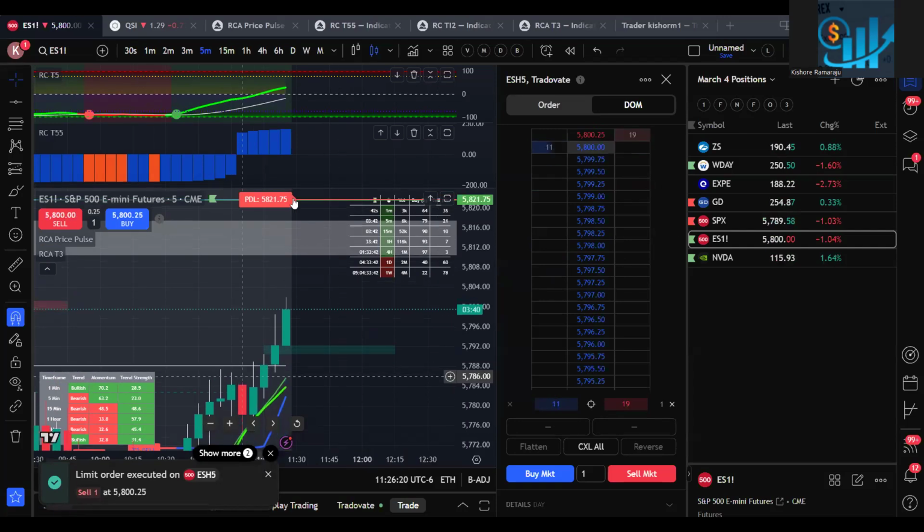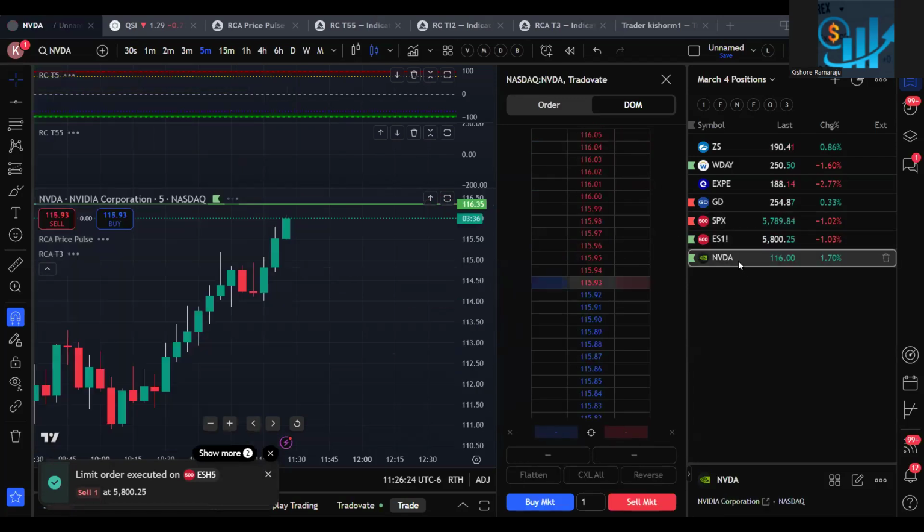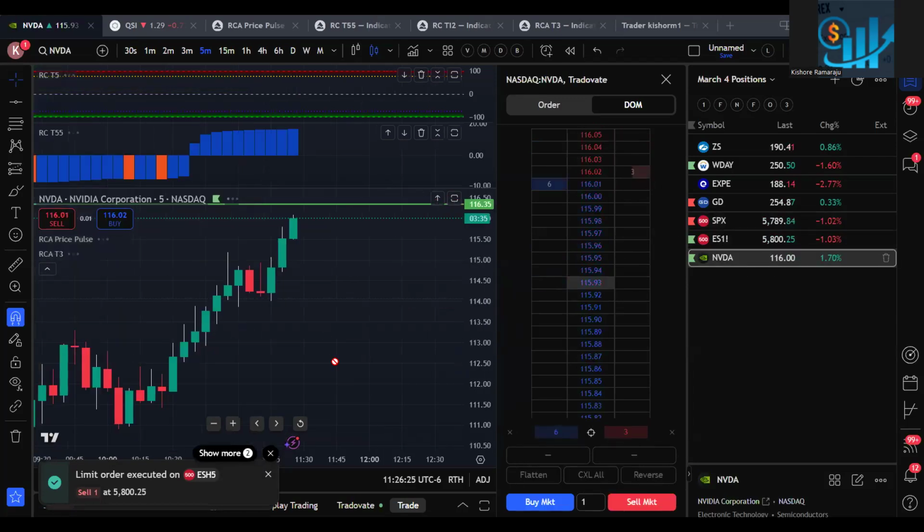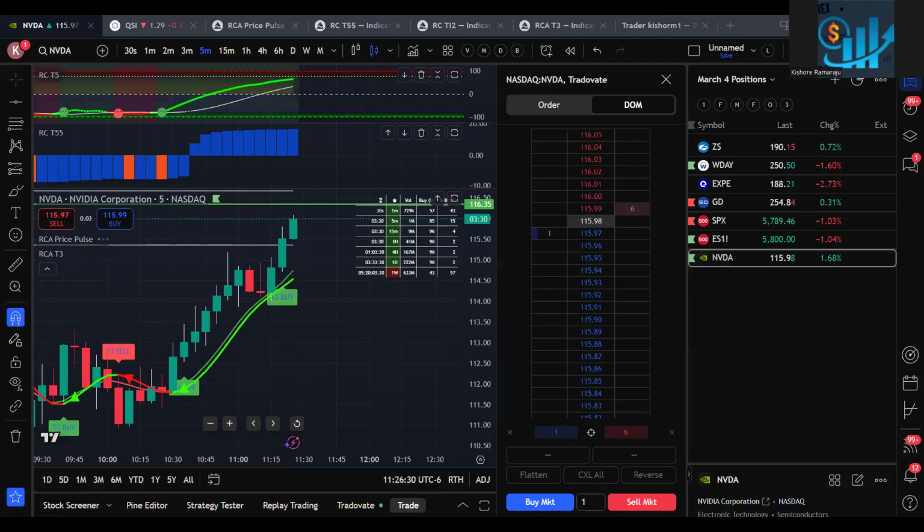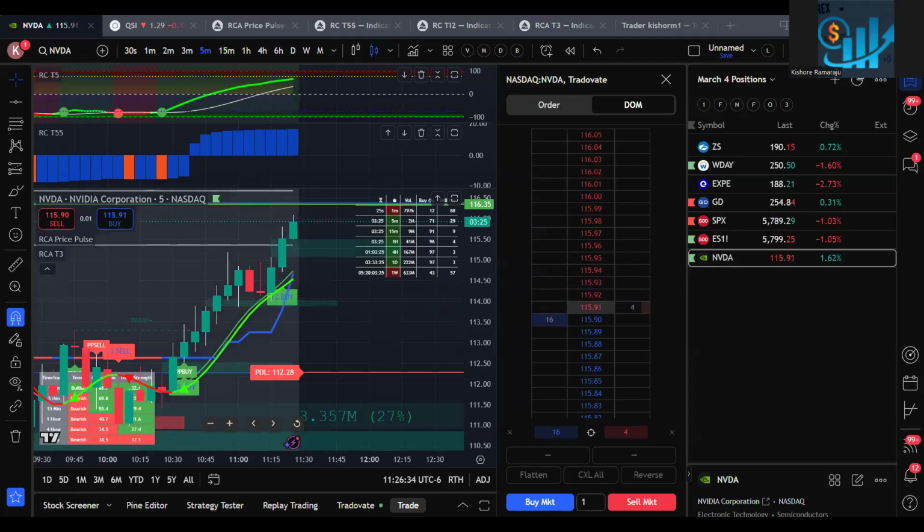It is moving very bullish. Your SPX is moving very good. NVIDIA is moving very good. NVIDIA made nearly 10-15% within a few minutes.